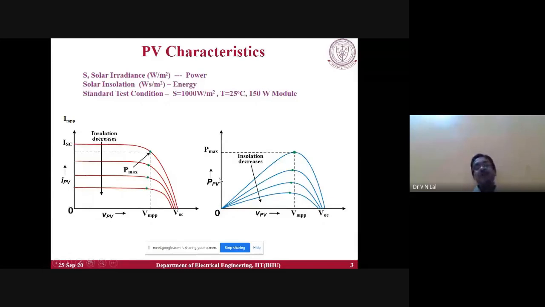Now what will happen if solar irradiance is not constant like this? If it is like this, where the solar irradiance is not constant, that condition is known as partial shaded condition. We can see a PV array, many modules are there. The lower one, more than half, is shaded, and the upper one is fully illuminated.